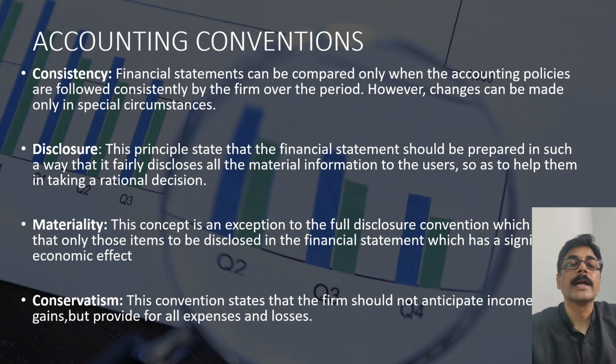But we will not anticipate or estimate any income or gains which may come in the future. So it says that you need to take a little conservative approach: book the expenses or losses, but do not anticipate any income and gains.